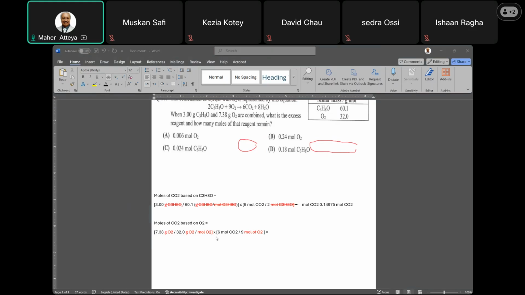That will give you the number of moles of O2, which cancels out with the moles. Multiplied by 6. Whatever the answer is here, you have to multiply it by 6, then divide by the 9.